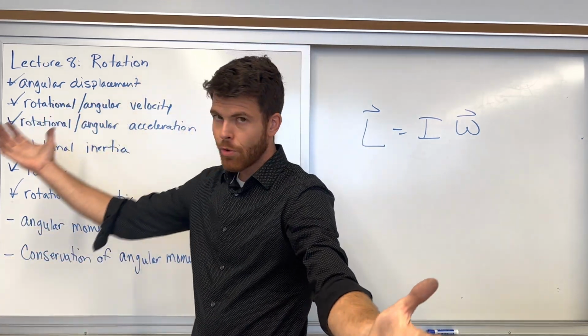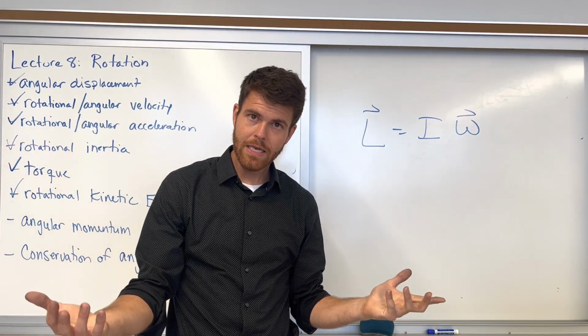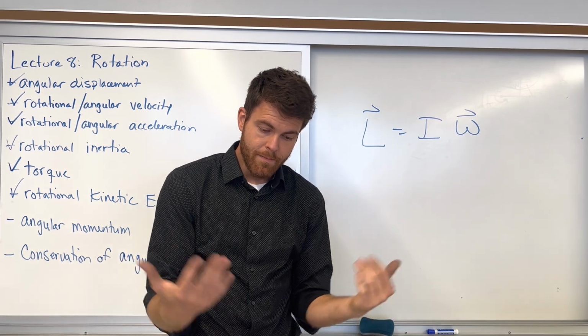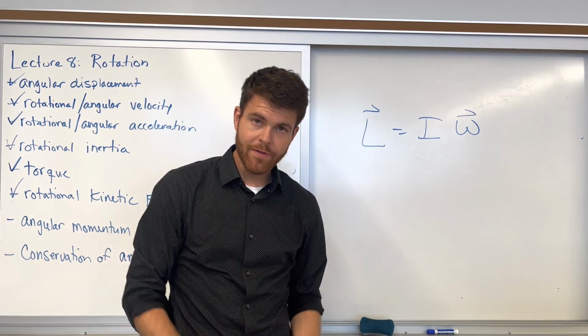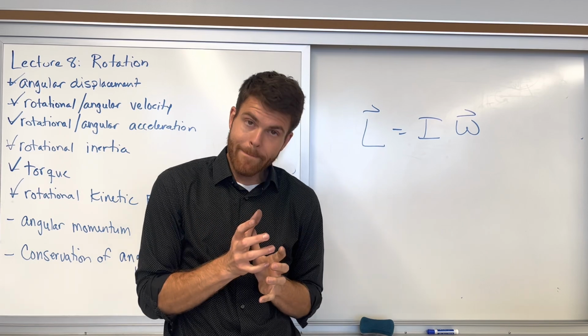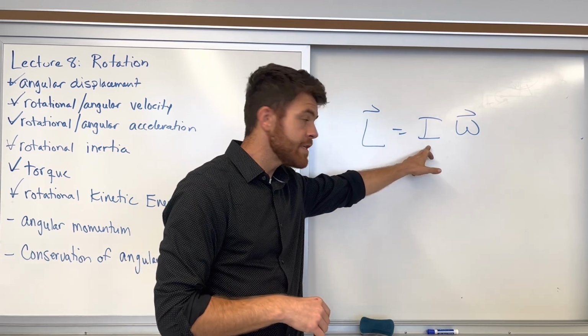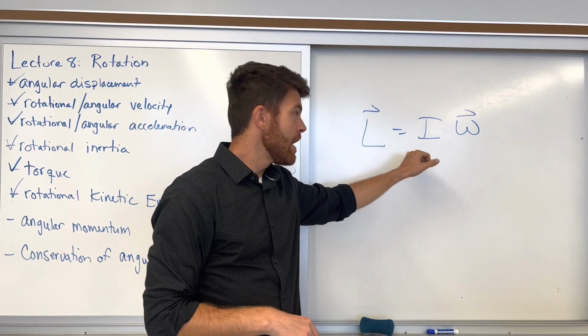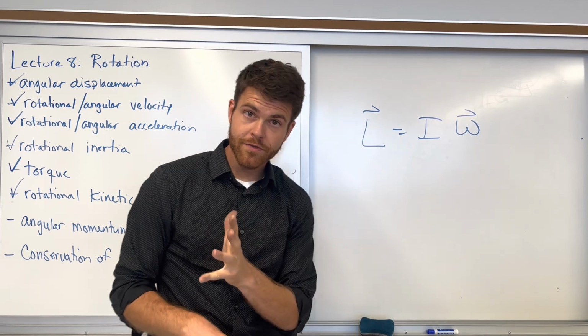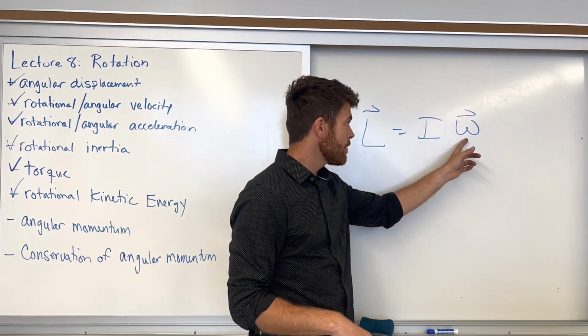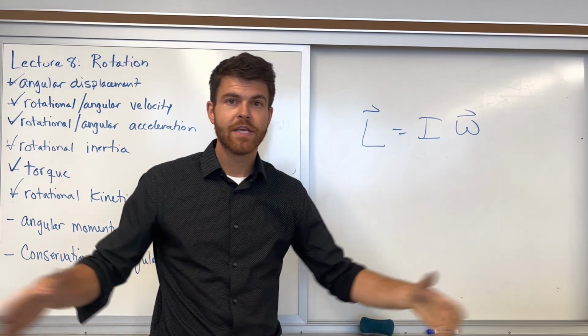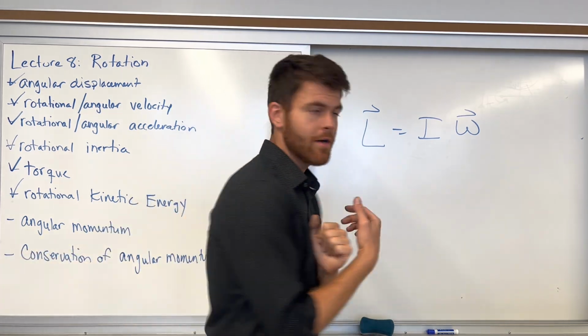But as they pull their arms and their legs in, their mass is less distributed about the rotational axis, so it's more compact, and so it reduces the rotational inertia. In order for angular momentum to be conserved, the angular velocity must increase. So that's why they begin to spin faster.